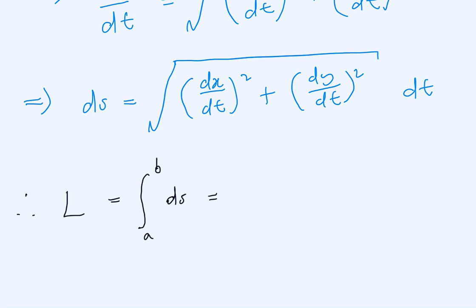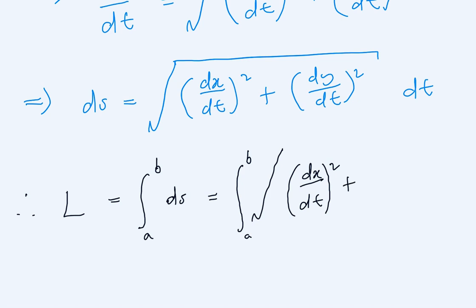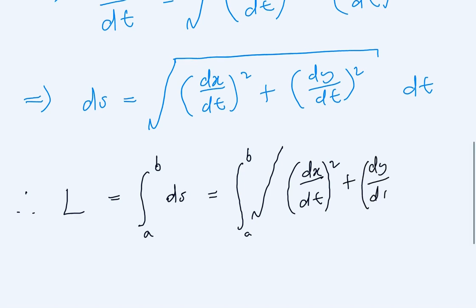Okay, now obviously this is equal to the integral from A to B of the square root of dx dt squared plus dy dt squared, dt.